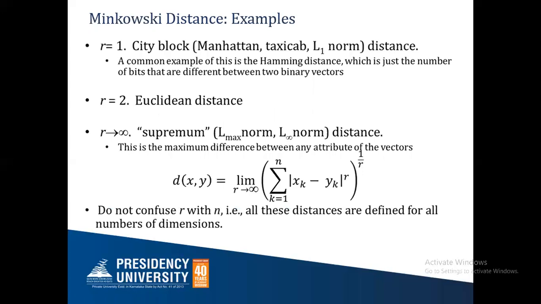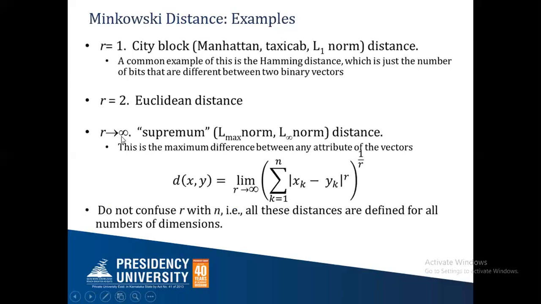So say r equal to 1, then it is like a city block distance wherein we have just a single parameter. So example is the Hamming distance. So wherein r is equal to 1, we can call that also the Manhattan distance. Second is r is equal to 2. We have seen example as well. So r is equal to 2 is the Euclidean distance, and so on it can continue.